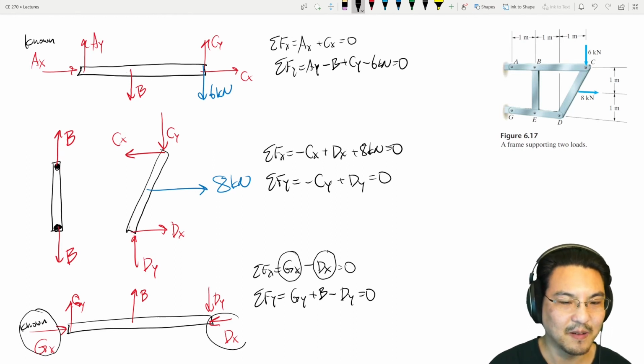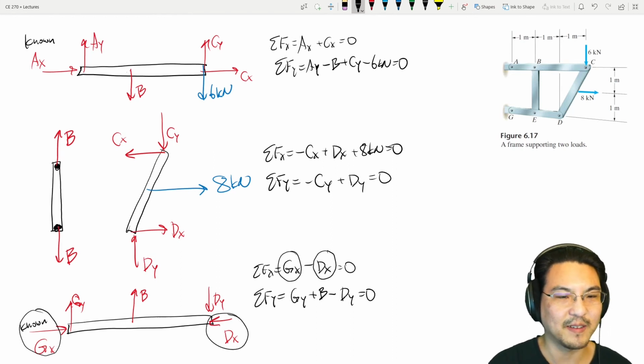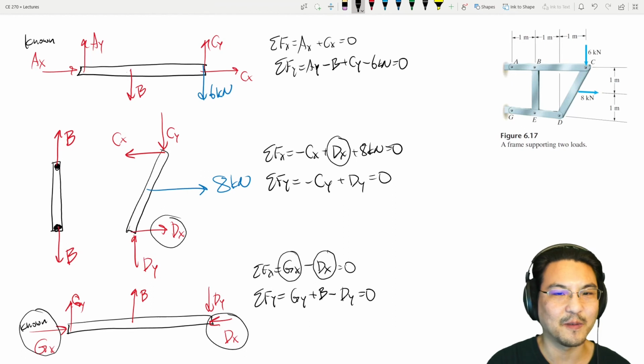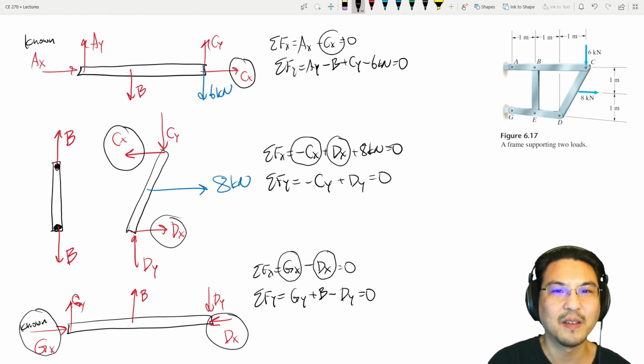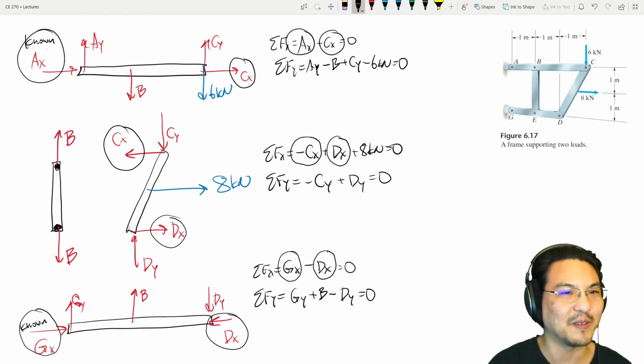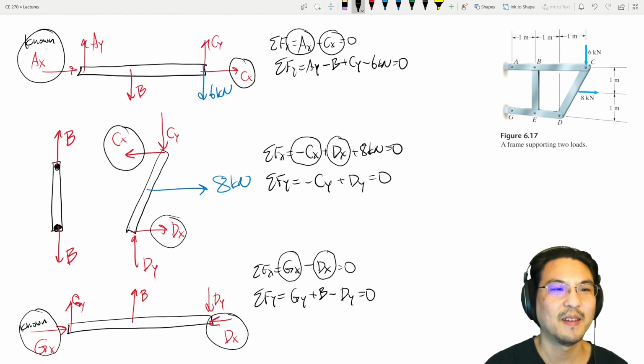Dx is known. Okay, if dx is known, that's here. This is known, which means we can solve for cx right here. So that's known. Okay, and then if cx over here is known, we can solve for ax over here. So this is known. Oh, that was already known anyway. Okay. All right, so now there are the y components.